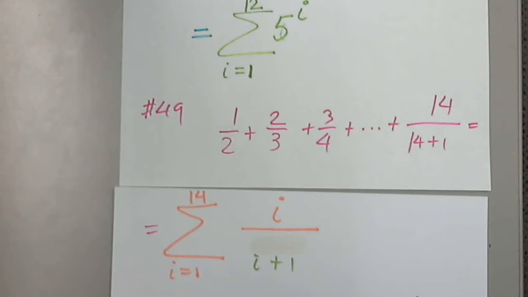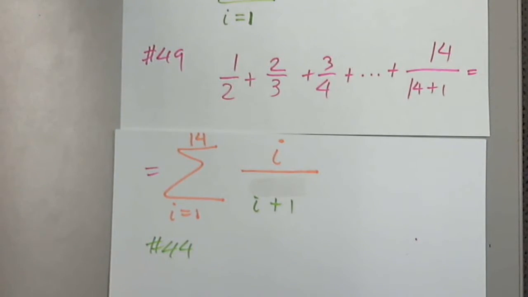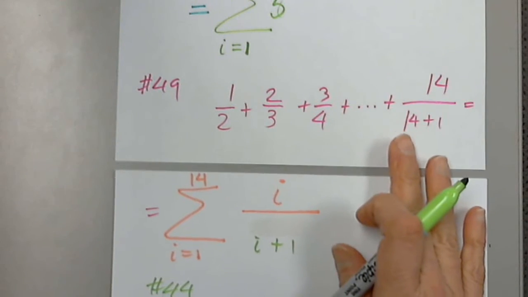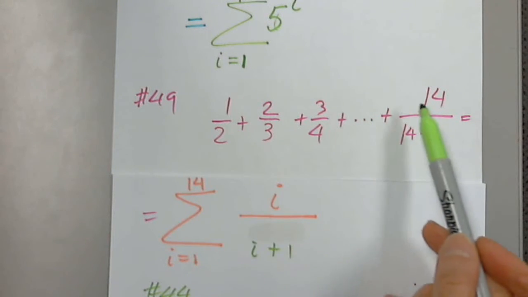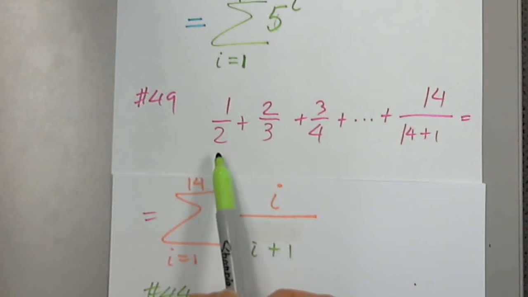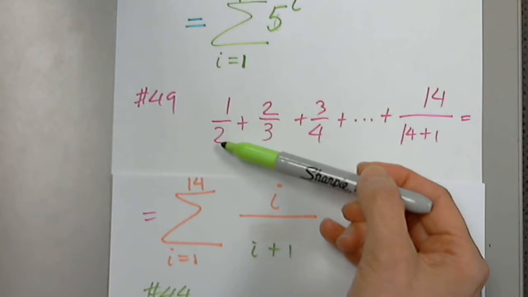Okay. Let's do 44. So it was written differently only because the maximum limit was 14. So you had to illustrate it as 14 plus 1. The top is i, but at the bottom is always i plus 1. So as you see, this is 1 and this is 1 plus 1.